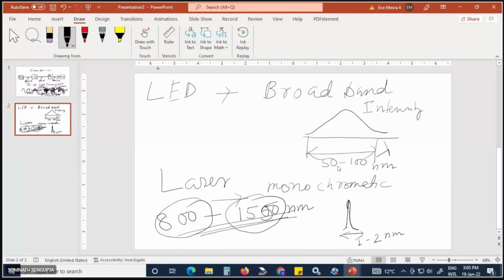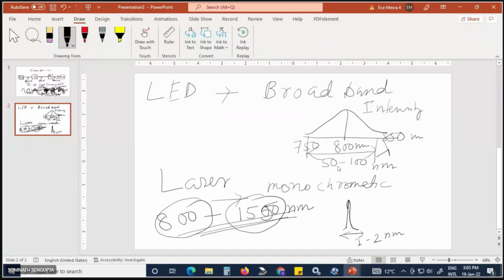But if we use an 800 nanometer laser, that means here we get 800 nanometer wavelength, and here plus 50 minus 50, let us say it is 750, and at this point it is 850 if you consider this span.